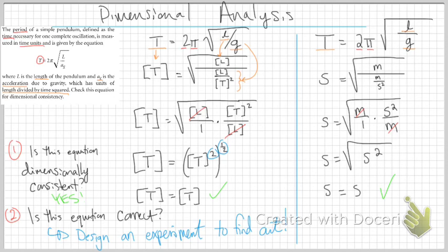A couple things to keep in mind. This is incredibly useful in the AP exam. It's incredibly useful when you're solving a problem that requires you to manipulate a literal equation, such as the period equation over here. Say you want to solve T equals 2 pi times the square root of L over g, and you're asked to solve for L. Well, you can go ahead and solve for L, and then whatever your result is, you can check that final equation for dimensional consistency.